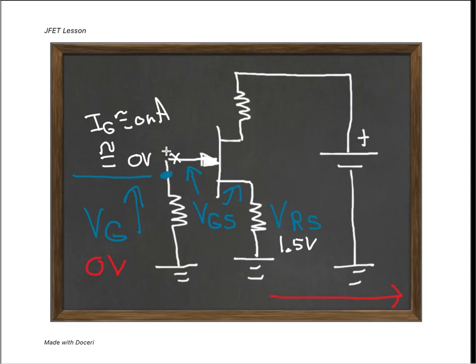So if that is zero and this is 1.5, to make both those things true, that forces VGS to be at minus 1.5. So with the self bias, by adding the gate resistor, the source voltage is automatically made to be negative. So these two voltages are the same magnitude but opposite in polarity.